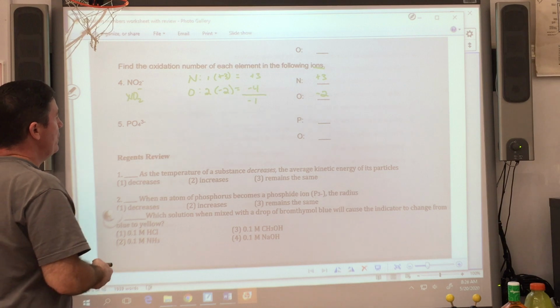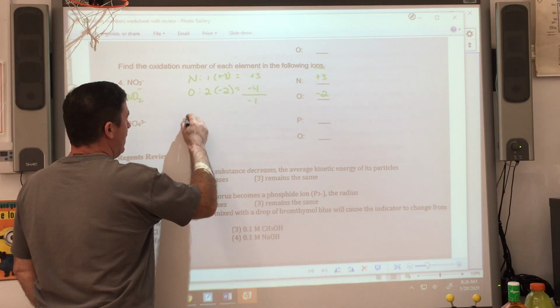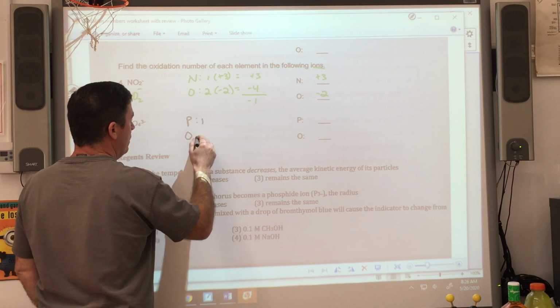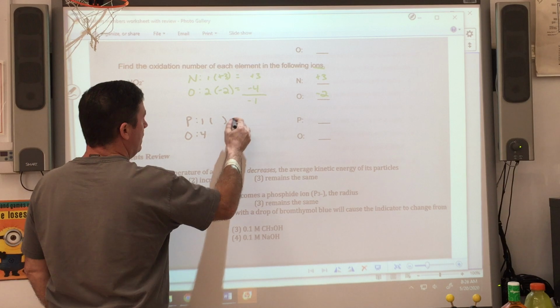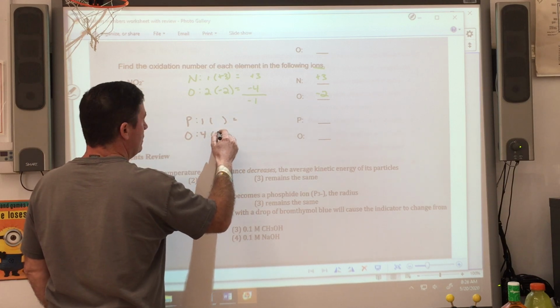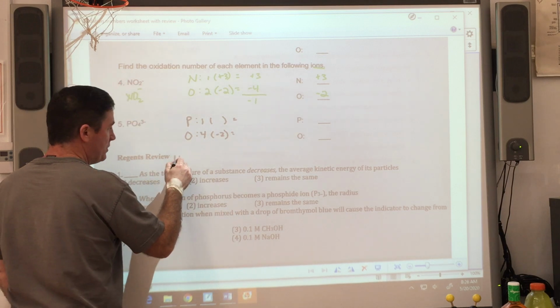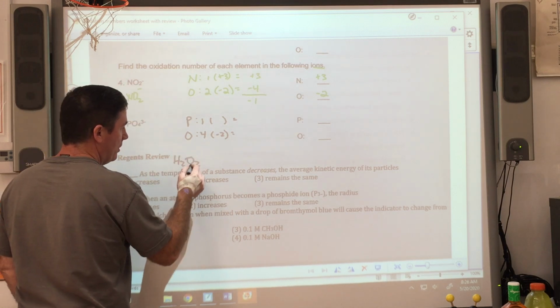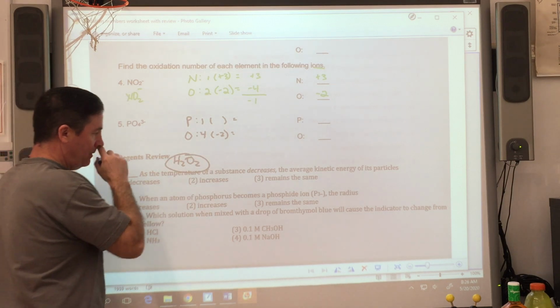And lastly, PO4 3-. This is a phosphate group. Phosphate. There's one of them. There are 4 oxygens. I don't know what that is. Oxygen is -2, almost always. I'll write down the exception. Peroxide, this is hydrogen peroxide.